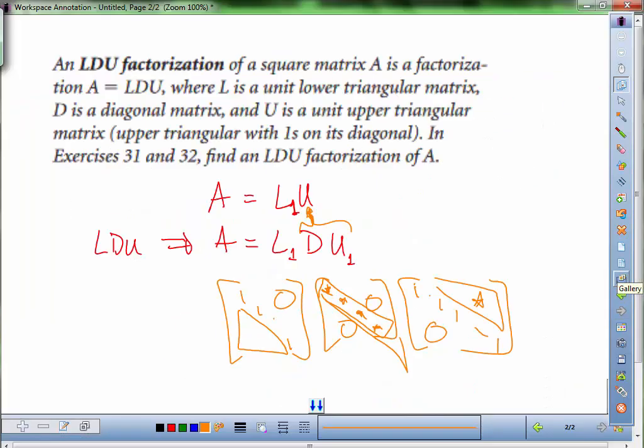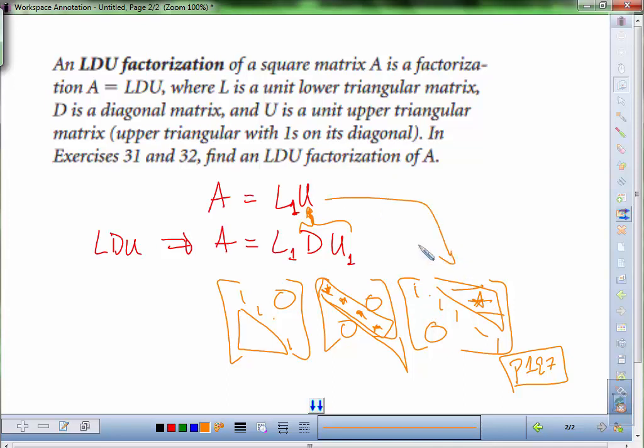You don't just make a diagonal into 1s, you have to scale the whole row. Yeah, because everything on the diagonal is multiplying on the right, so everything in there would scale. They won't be exactly the same. Whatever numbers are in the upper triangular will get scaled over here for the unit upper triangular.